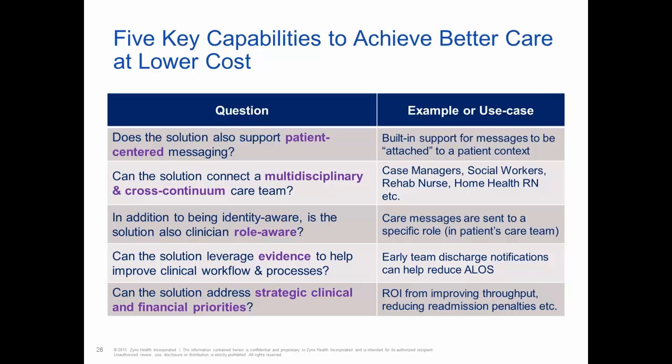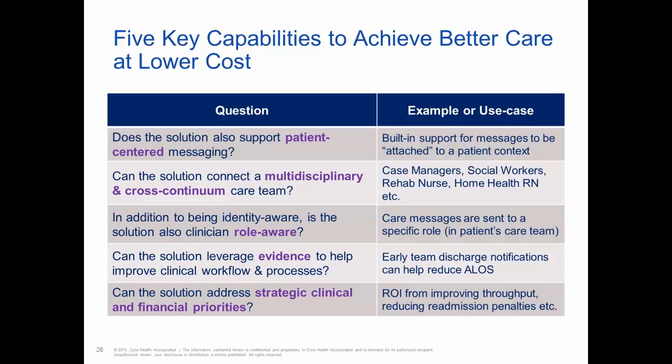We have talked at length about the need to improve this process by leveraging evidence: what has been shown to work in trials and across organizations across the country, and there's a lot of evidence that has been published in the literature. Can you bring that in and configure your solution to incorporate that evidence?